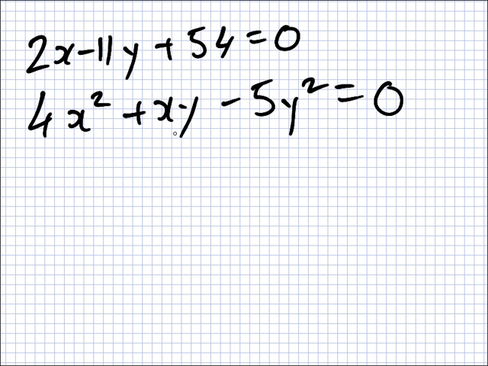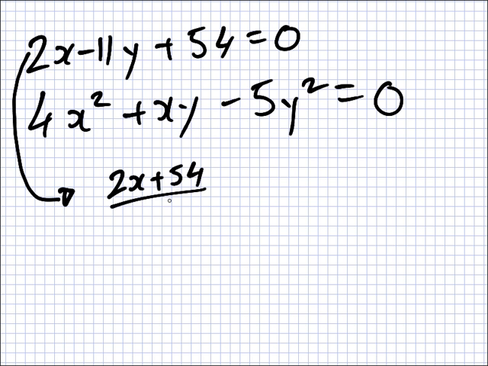So we can actually make x or y the subject, but let's just stick with what we were doing before and make y the subject. So here, you could say 2x plus 54 over 11 equals y. Are we okay with that? You take the 11y to the right and divide by 11.